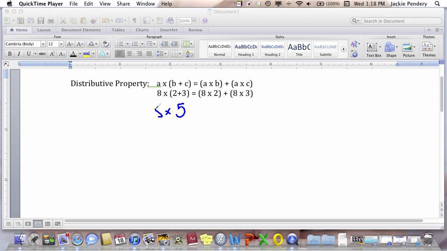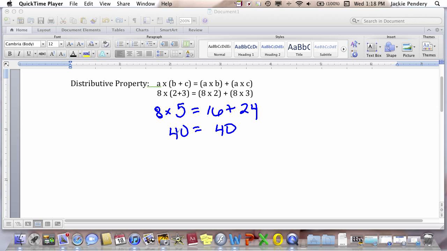So this would be 8 times 5 is equal to, parentheses again, 8 times 2 is 16, plus 8 times 3 is 24. Okay, going back to my next step, 8 times 5 is 40, and 16 plus 24 is also 40.